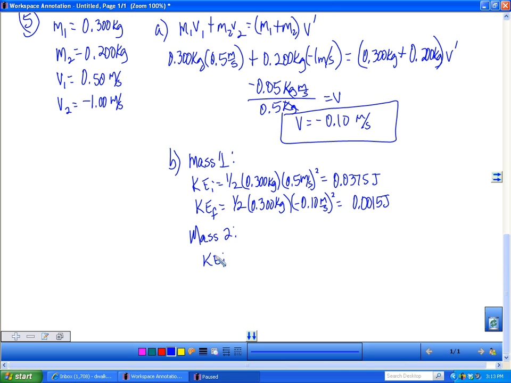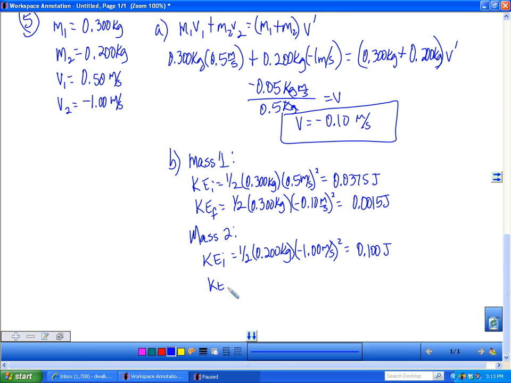KE initial is 1/2 m, 0.200 kilograms. V squared is negative 1.0 meters per second squared. That gave me the initial kinetic energy of 0.100 joules.